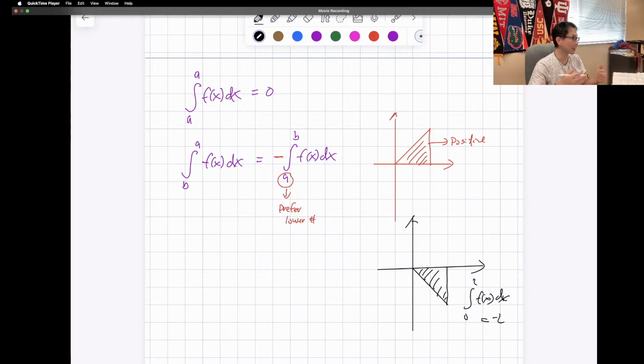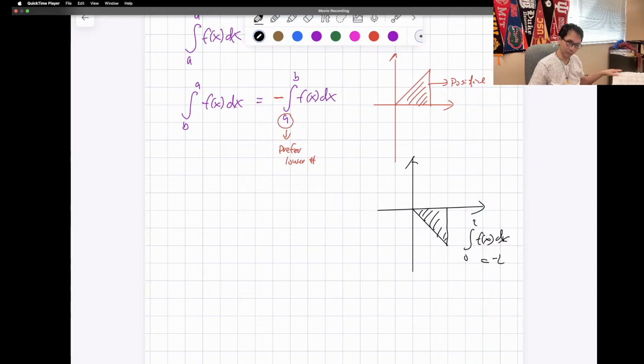One's above the x-axis, one's below. But bear in mind, it has to be from 0 to 2, not 2 to 0. It has to be low to high. Is that okay?